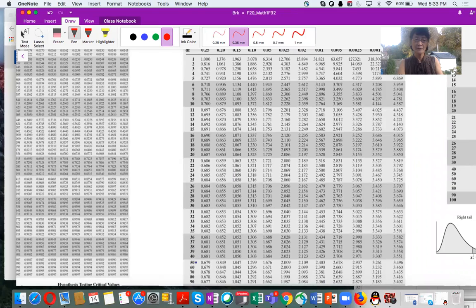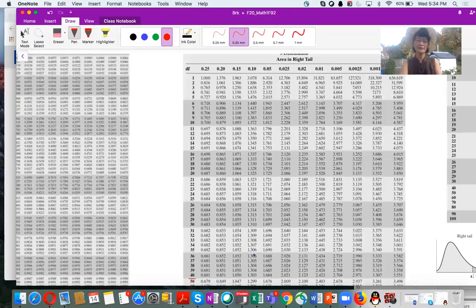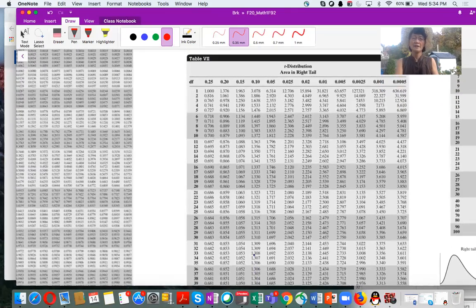If you don't have 44, choose the one close to 44, maybe 40 or 50. It won't change the result, okay? Let's say 40, okay? And then area in the right tail.